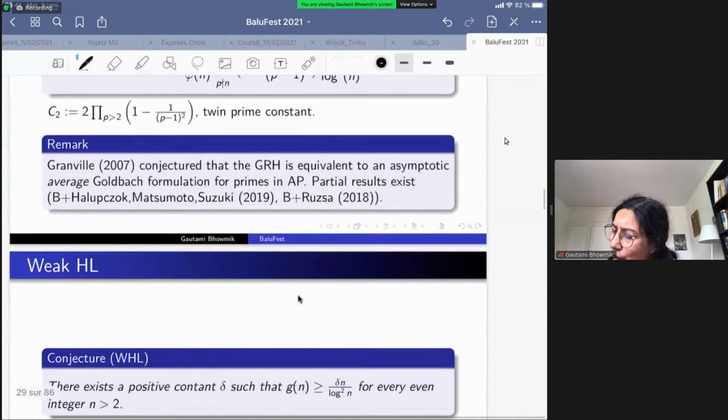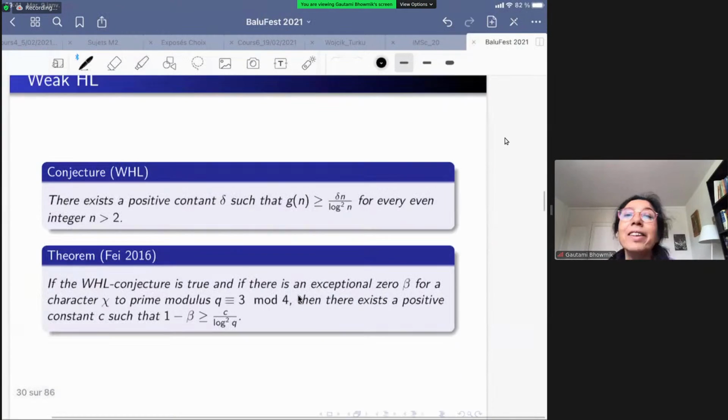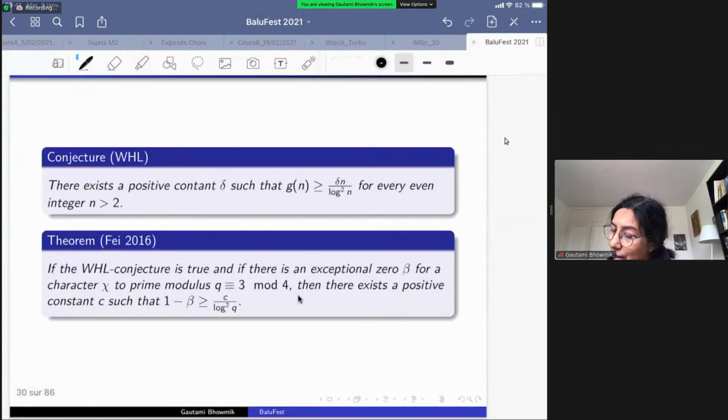However, one of the things that is known in this direction is a result assuming a weak Hardy-Littlewood conjecture, weakening the Hardy-Littlewood conjecture.